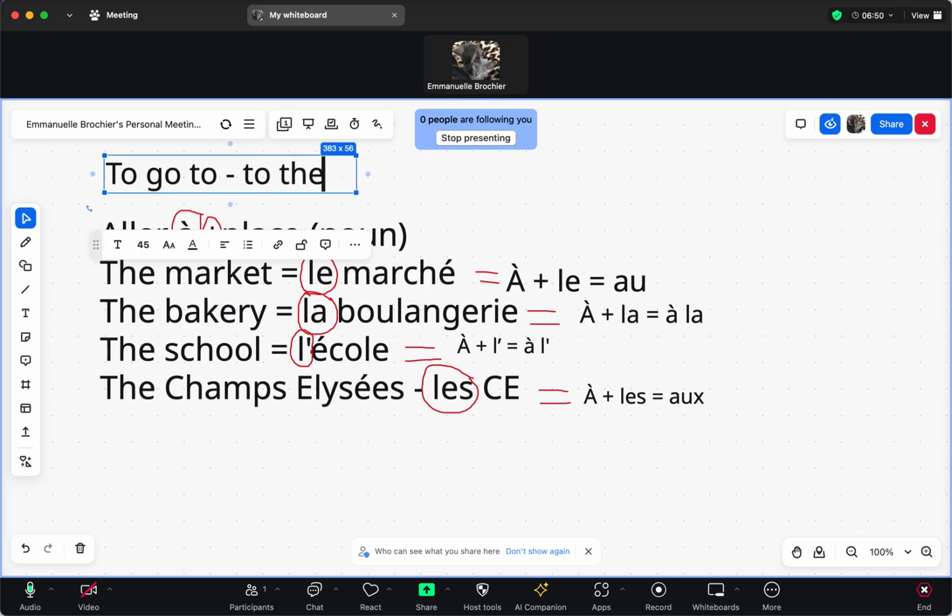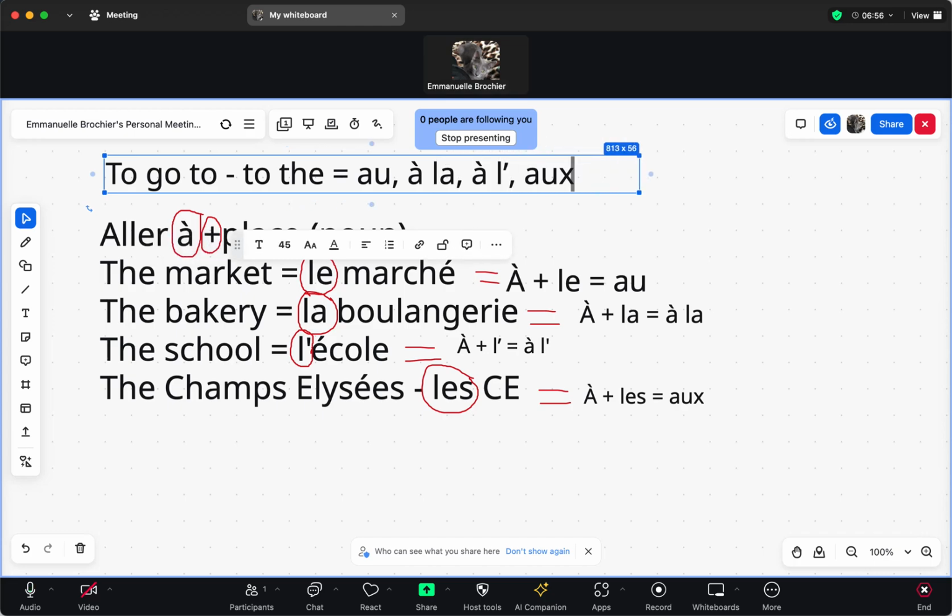To the in French equals au, à la, à l'apostrophe, or aux. Masculine, this is a contraction, à plus le. There is no contraction for feminine and for l', and this is the plural contraction, à plus les.